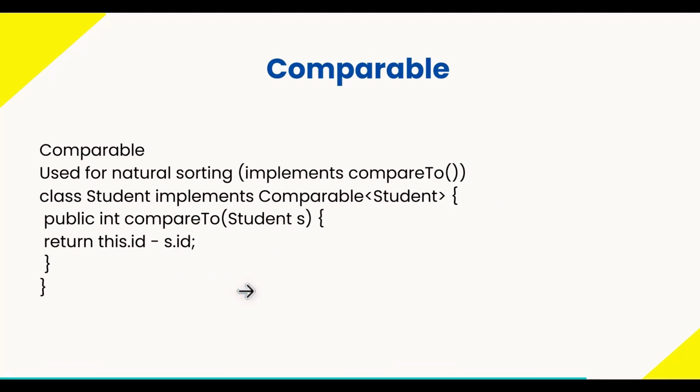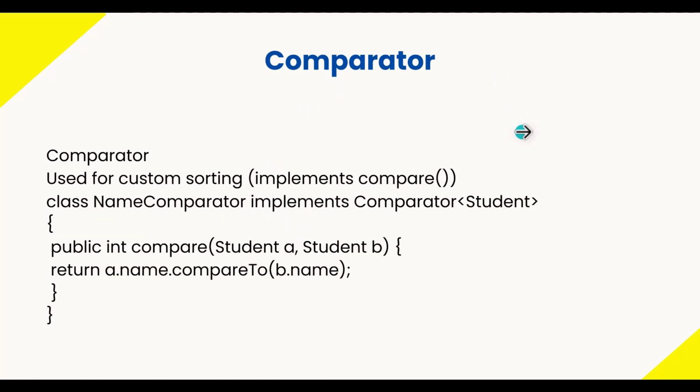Next difference, sorting by multiple fields. Comparable does not allow multiple fields, but Comparator allows different comparators, meaning it can create different or multiple fields.